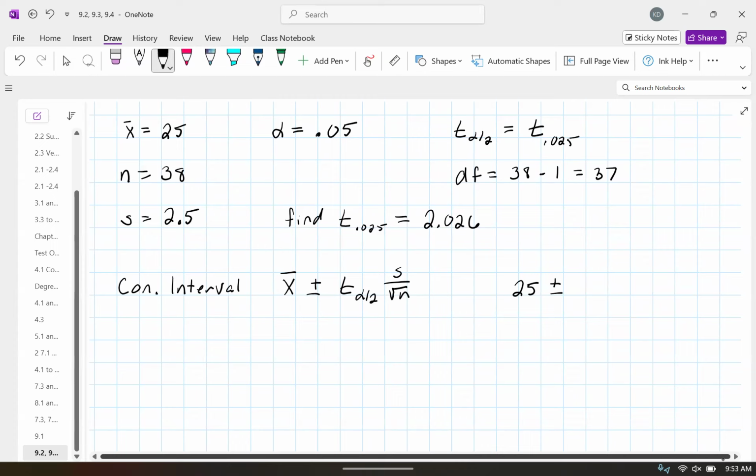And my t alpha over 2 was 2.026 times my standard deviation, 2.5 over the square root of my n, which is 38. I forgot to bring my fancy calculator, so phone calculator it is. I'm going to do a little side math first. 2.026 times 2.5 divided by square root of 38.